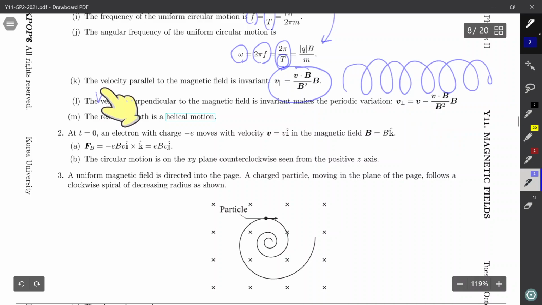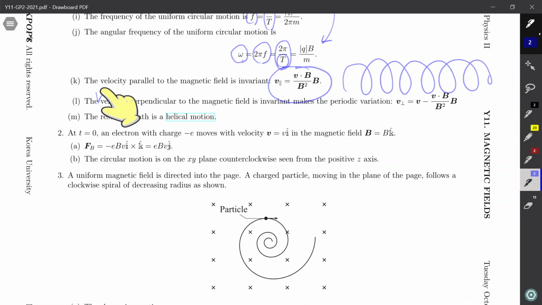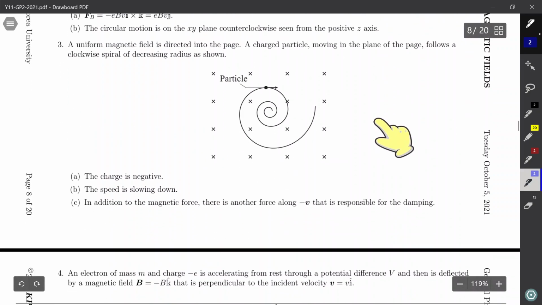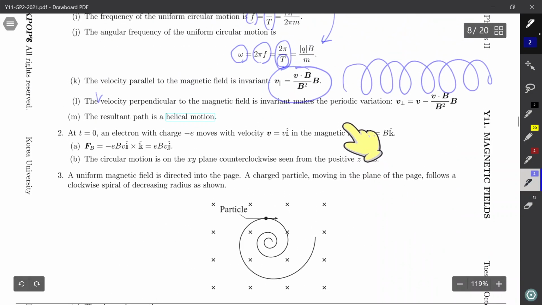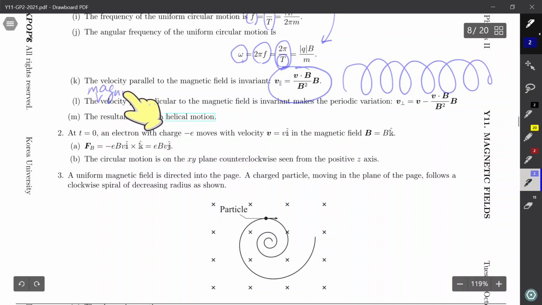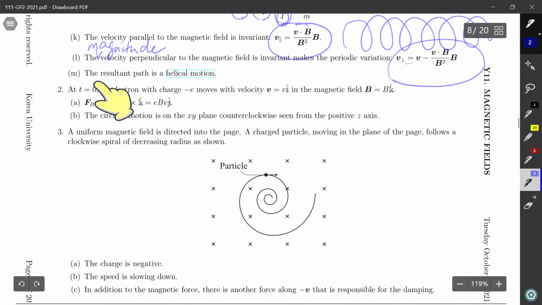The direction of the perpendicular velocity is oscillating. The resultant path is a helical motion.